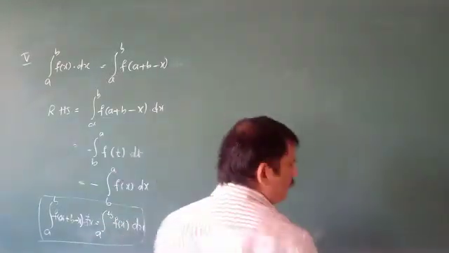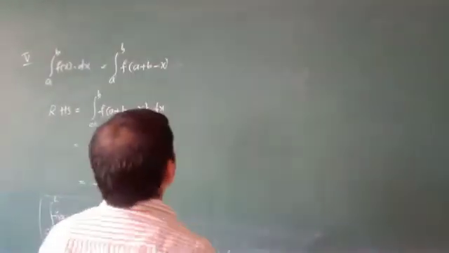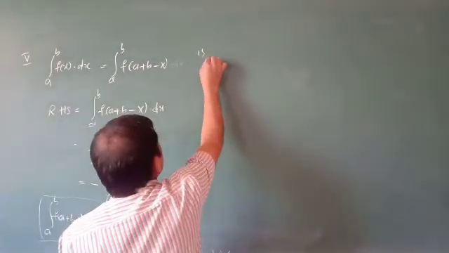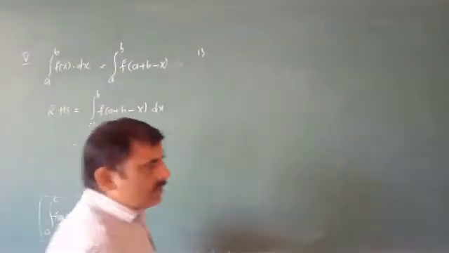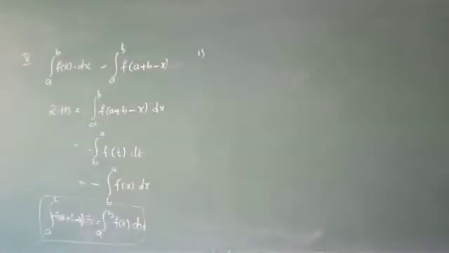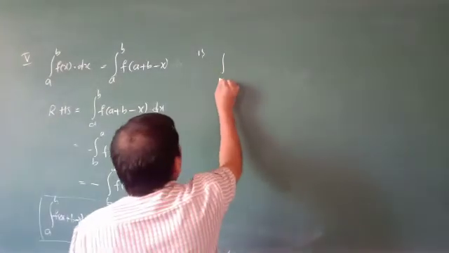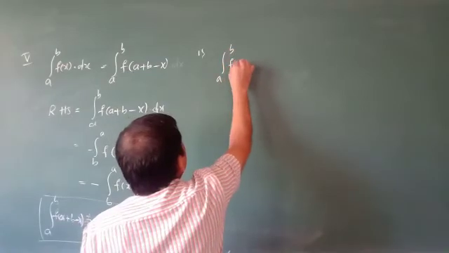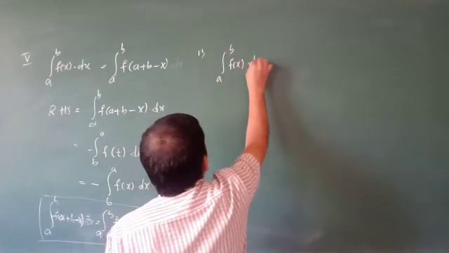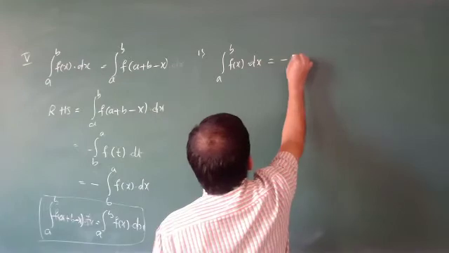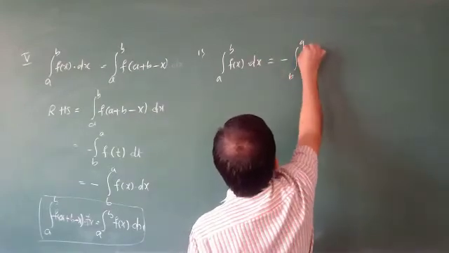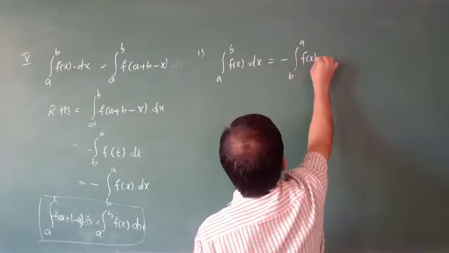So I have given five properties. The first property says that the integral of a to b of f of x with respect to x is equal to minus the integral of b to a of f of x with respect to x.